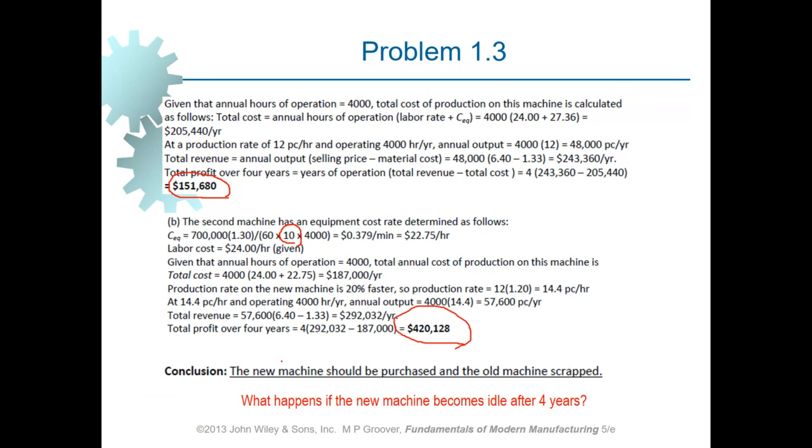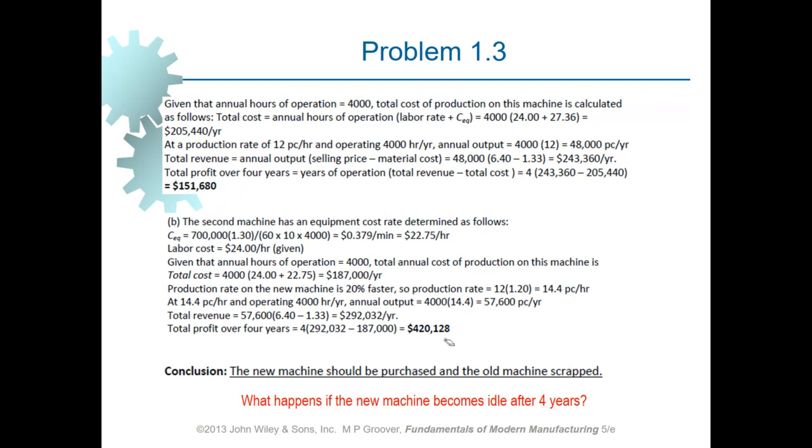So if you are told that after 4 years the contract with the one who is buying the products will be over and there will be no new order coming to you, then even if you buy the new machine, it will be used only for 4 years, and after that it will be useless. So we need to substitute this value of 10 by 4, and then it will give us a new value for CEQ, and it will affect all the computations.